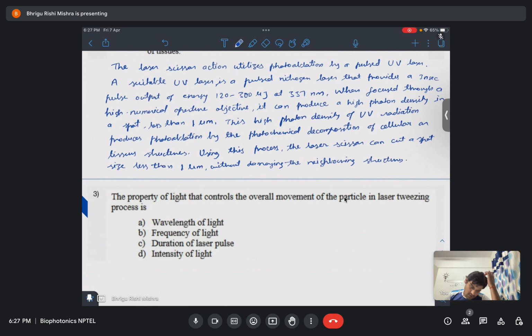Okay, so this is the process of the laser scissoring. Here the important thing is the spot size. Depending upon the size of tissue, the spot size should be modified, or accordingly laser should be used so that it cannot destroy the neighboring structure.